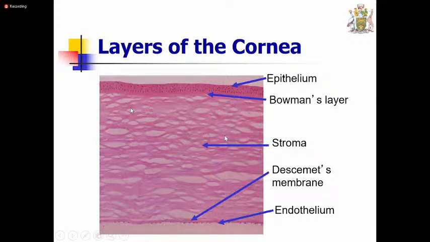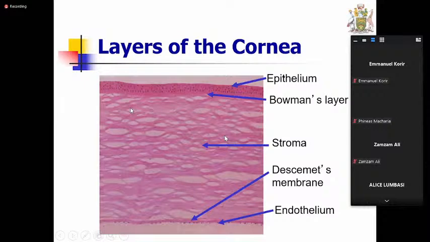The stroma is where you have hydration of the eye. The epithelium has tight junctions, so when it's not intact and you put fluorescein stain to diagnose your corneal ulcer, it's taken up by the stroma. Then the Descemet's membrane and the endothelium.